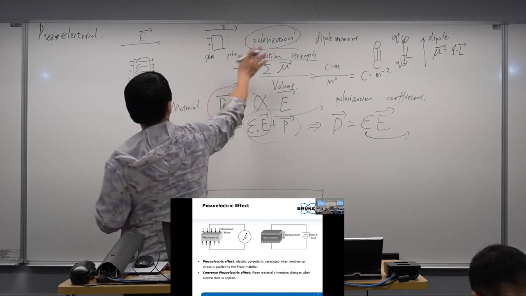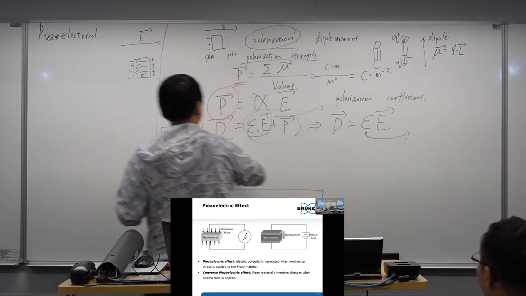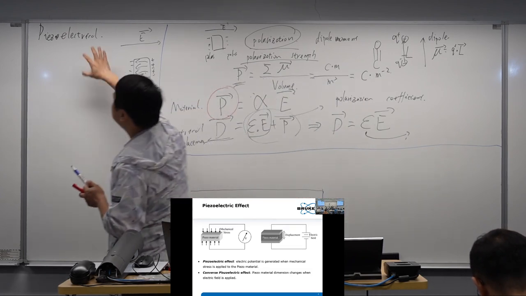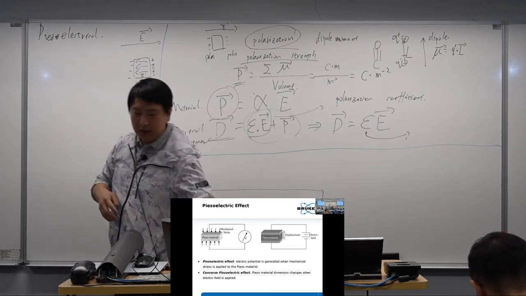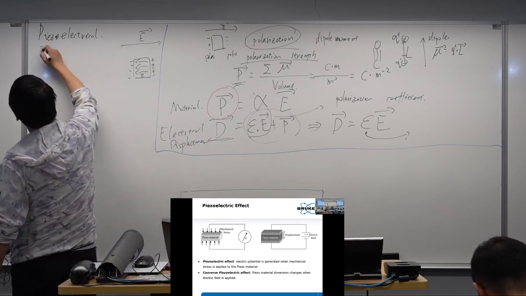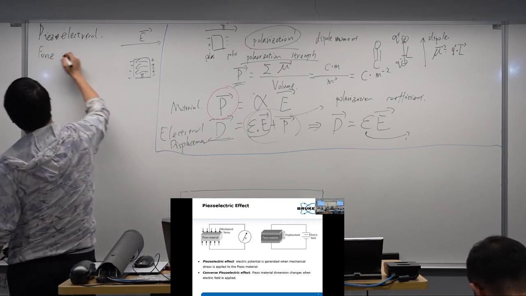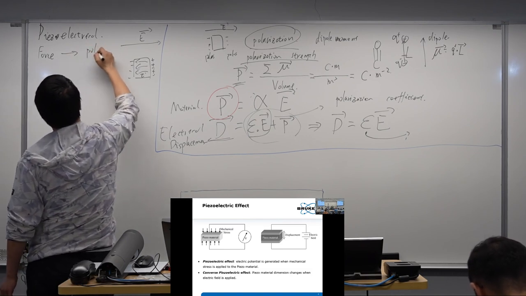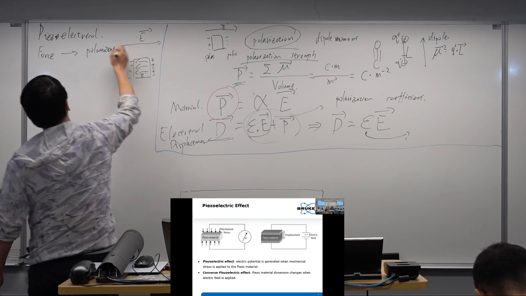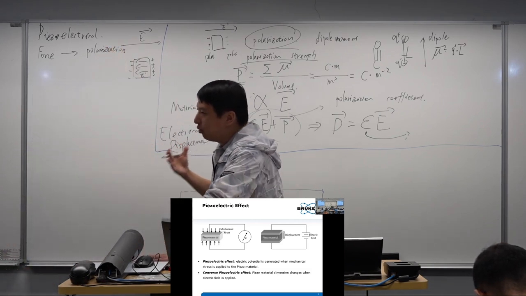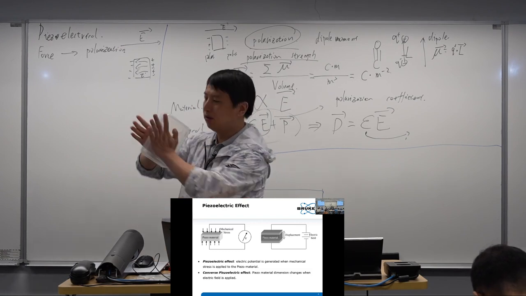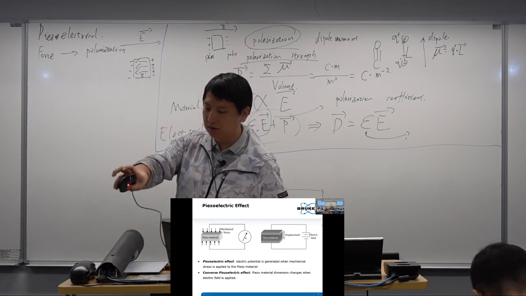Okay, then next, this is about the polarization. We have another concept inside piezoelectricity. Piezoelectric means we use some force to change the polarization. But usually when we're talking about force, we mean we want to squeeze something.